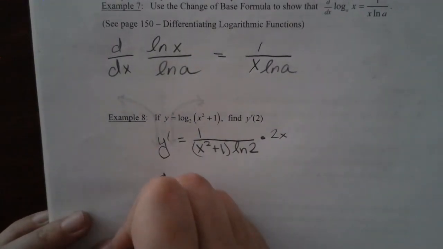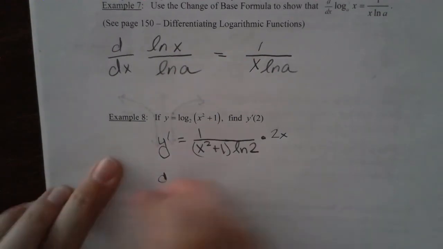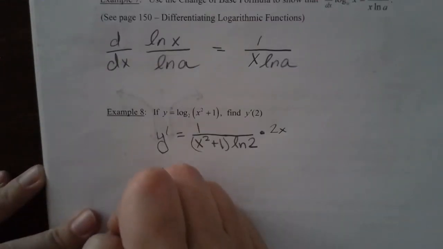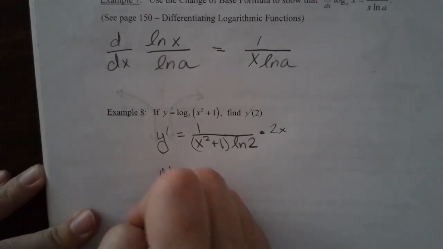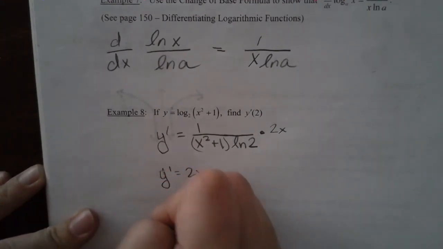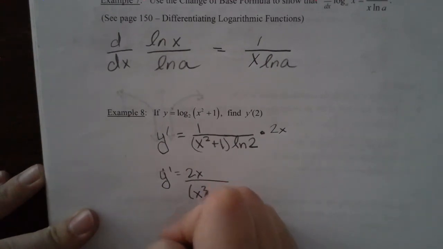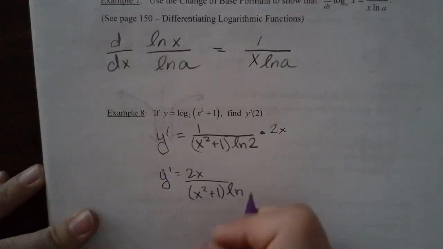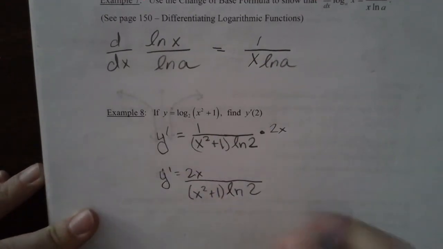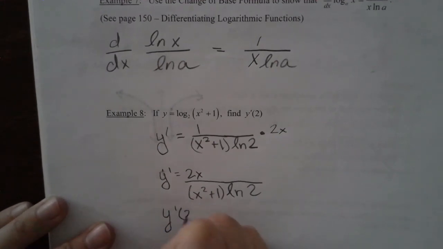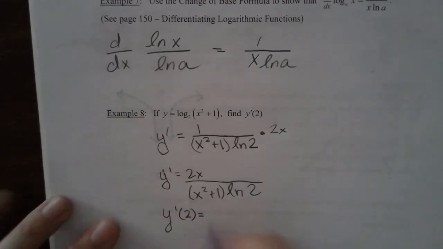So let me condense that. I don't know why I put d down there. I think I was thinking dy dx. Y prime equals 2x all over x squared plus 1 ln 2. Now I'm just going to do y prime of 2 and plug in 2 for x.